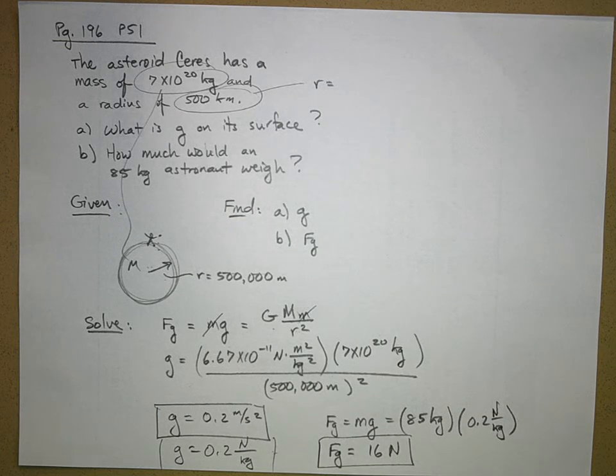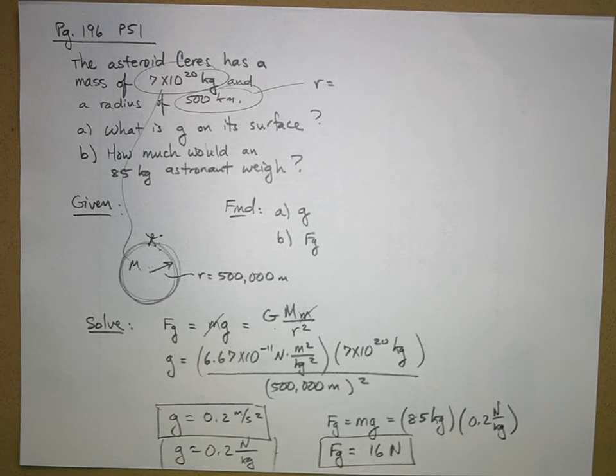I mean, you would jump, and you could jump with an acceleration of gravity of only 0.2, a weight of only 16 newtons. With your strength in your legs, you would be able to jump so high. You would easily be able to jump over this building. In fact, you would jump up and you would go, oh, rats. I got to wait 20 minutes for me to come back down.